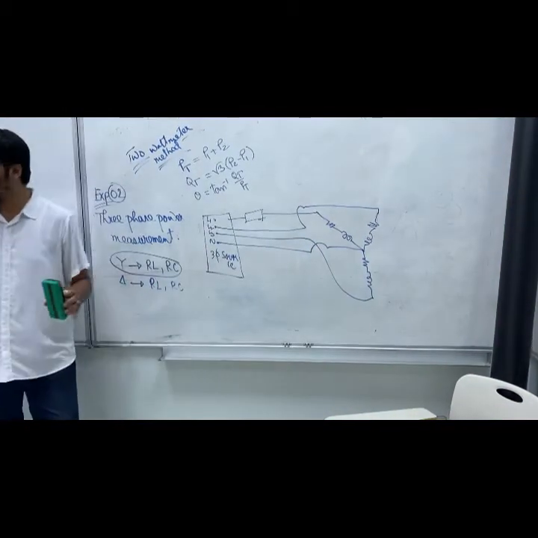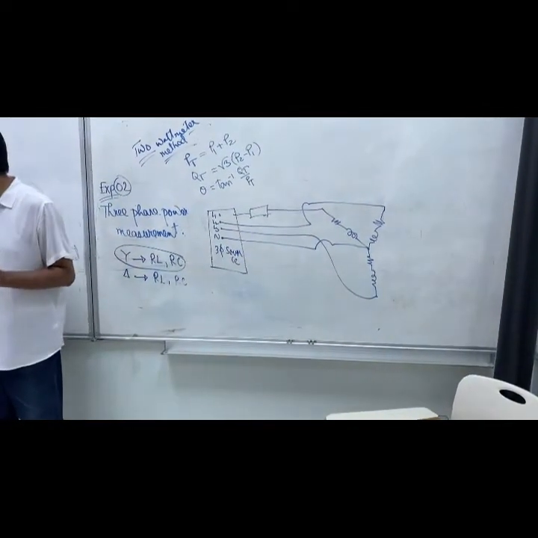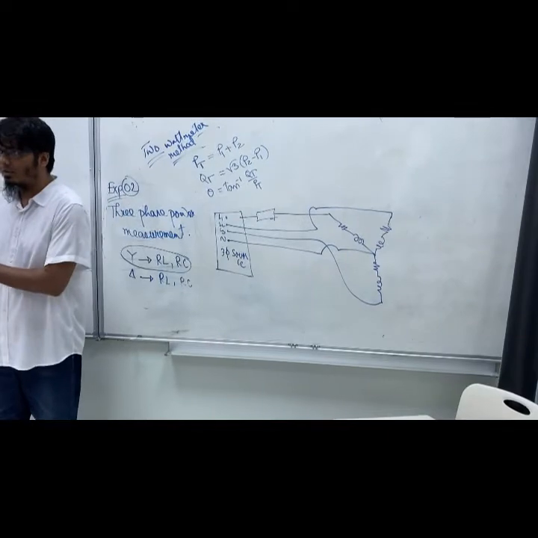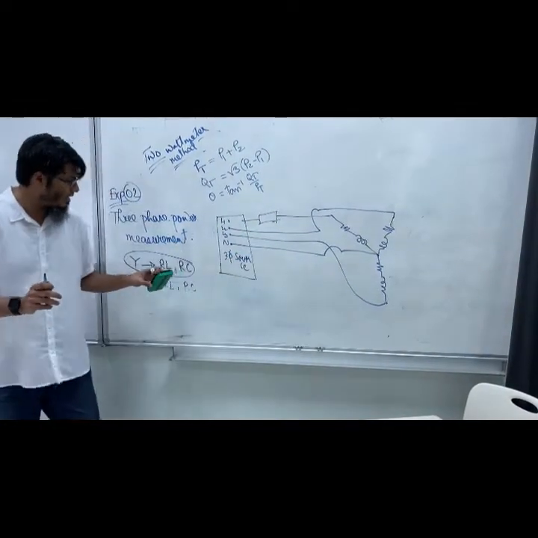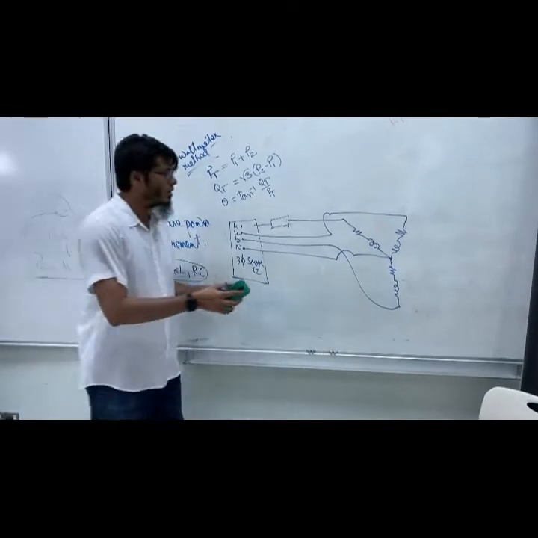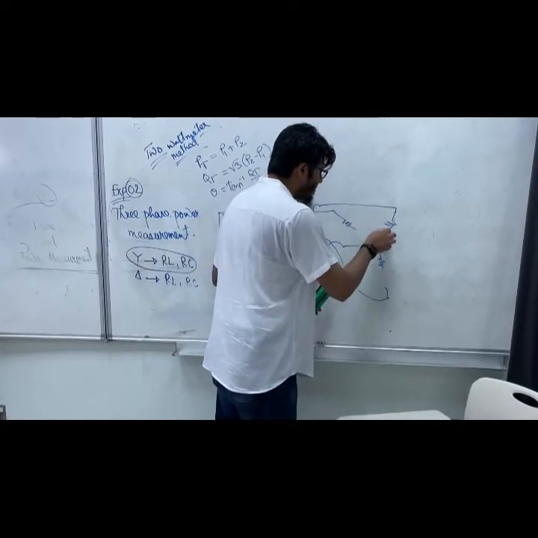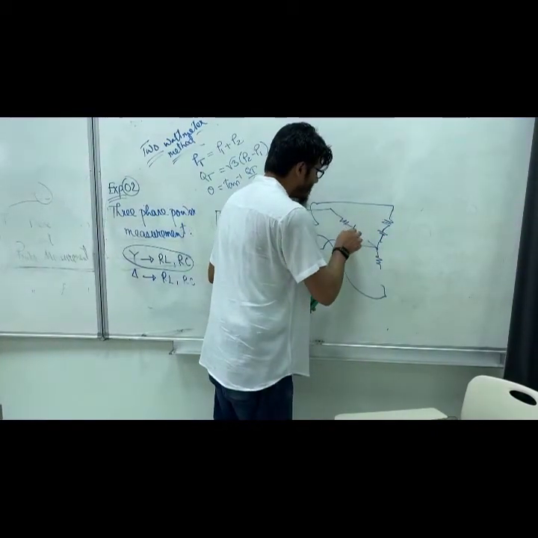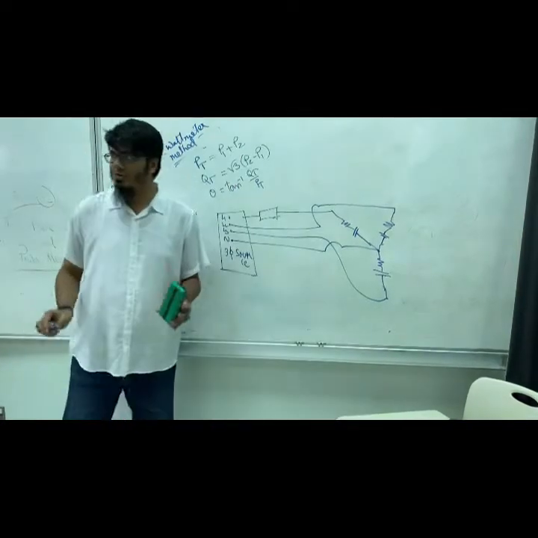Are you with me? This is the connection we will make on the table. Now, if we want to make it RC, what will we do? We will just replace the inductors with capacitors, simple. So the connection is clear?